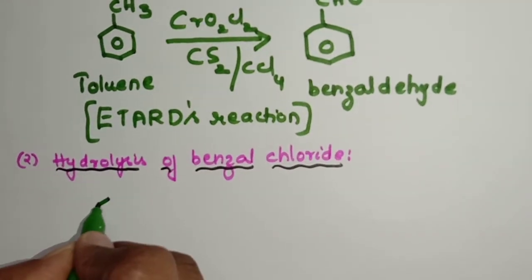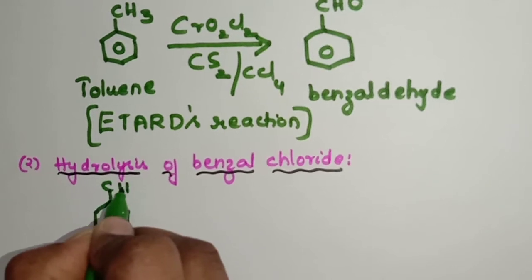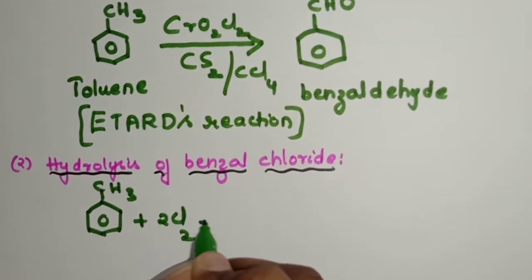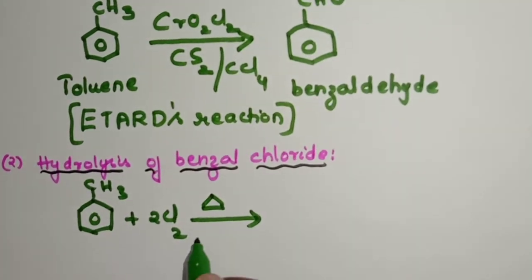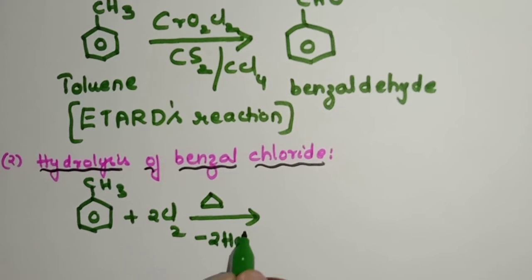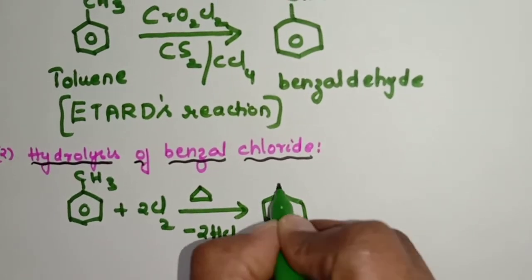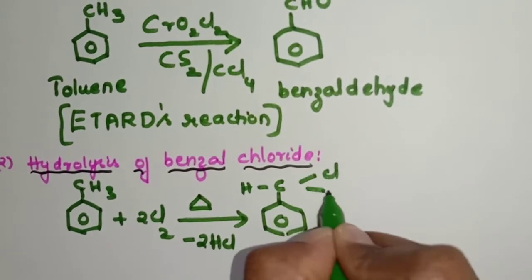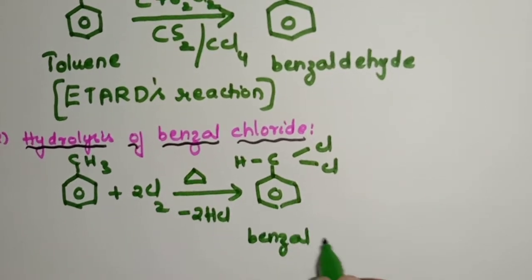Taking again toluene, methylbenzene, this on reaction with two Cl2 molecules, when heated, two HCl molecules come out, resulting in the formation of C6H5CHCl2, which is called benzal chloride.